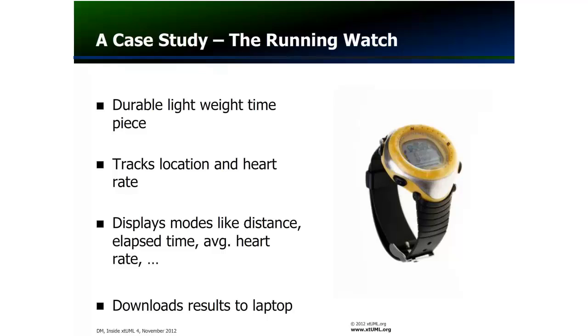If you're not familiar with these devices, this is a watch that runners use to monitor their fitness while training. It tracks a runner's location, often using the GPS navigation satellites, monitors their pulse rate, and periodically stores this data until it can be downloaded onto a computer for further analysis.